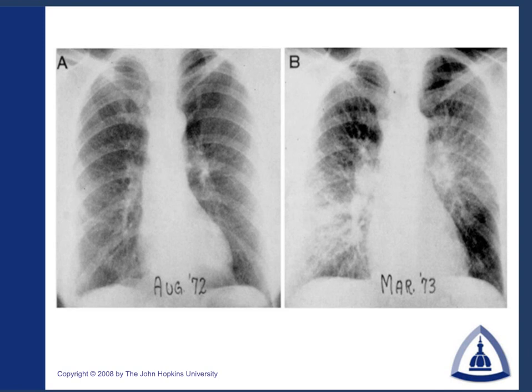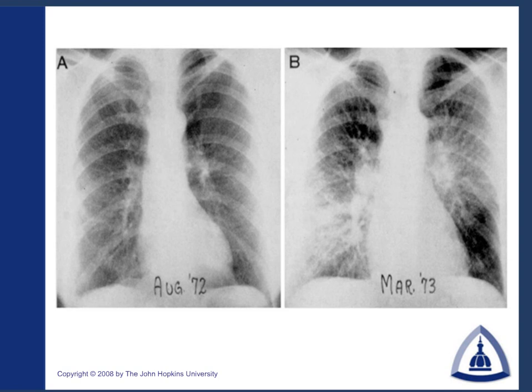And here are some other patterns that can present by X-ray. This is a young woman who had a chest X-ray that was relatively normal in August of 1972. About 6 months later, she had another X-ray after she was diagnosed with breast cancer and had progressive indolent shortness of breath. And what we see here are all these lines extending out to the periphery.